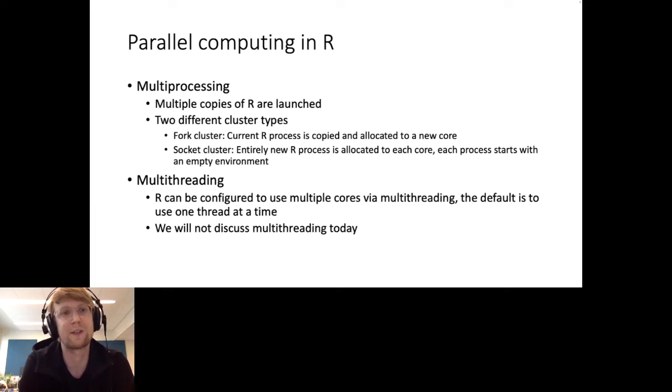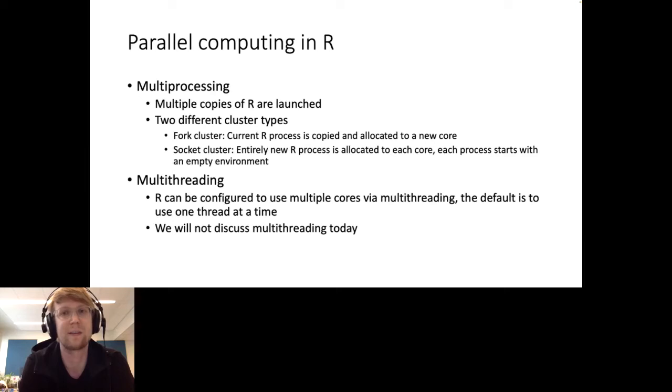In the fork clusters, the currently running R process is copied and allocated to a new core, whereas in the socket cluster, an entirely new R process is allocated to each core, and each process starts with an empty environment.